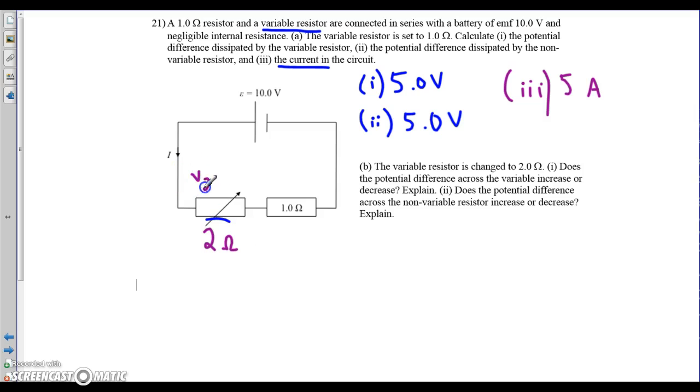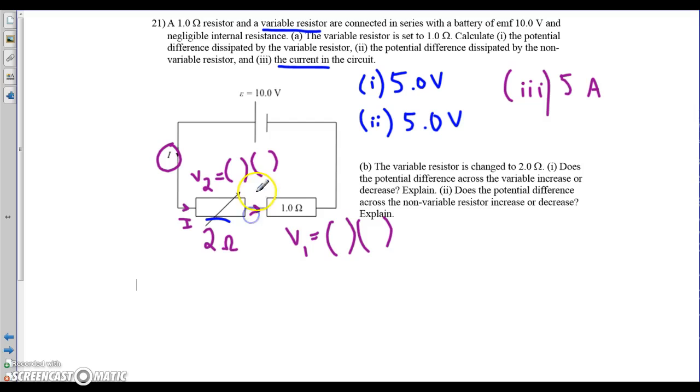So V2, the potential difference dissipated across this, is equal to the current through it times its resistance. V1, the potential difference across this, is equal to the current through it times its resistance. The current through this one I'm just going to call I because that's what was given.